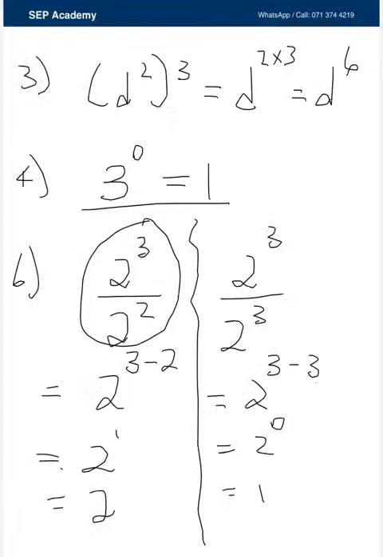Maybe let me add 1 or 2 more examples. What will be the example number? Okay, example number 7. I hope everything makes sense up to this point. So now let's see, number 7, what if you are given, okay, let's say you are given s to the exponent of 2 close, and then that to the exponent of 0.